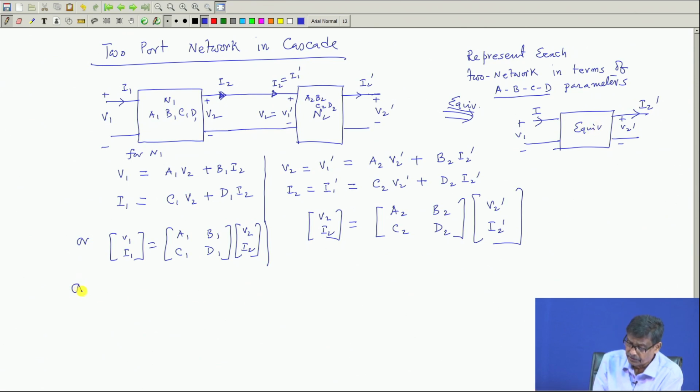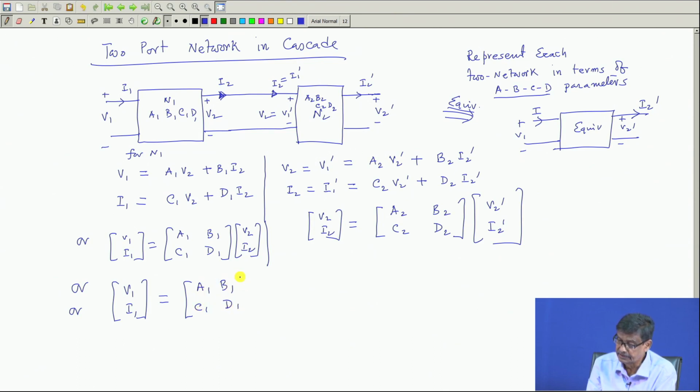Now, what you can see from this equation, V1 I1 equal to A1 B1 C1 D1 is this thing into V2 I2. But this column vector V2 I2 is nothing but this.